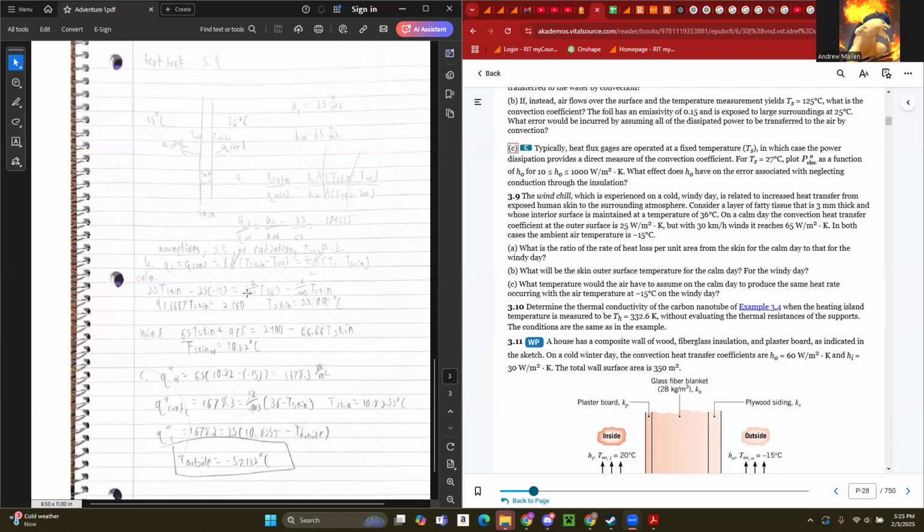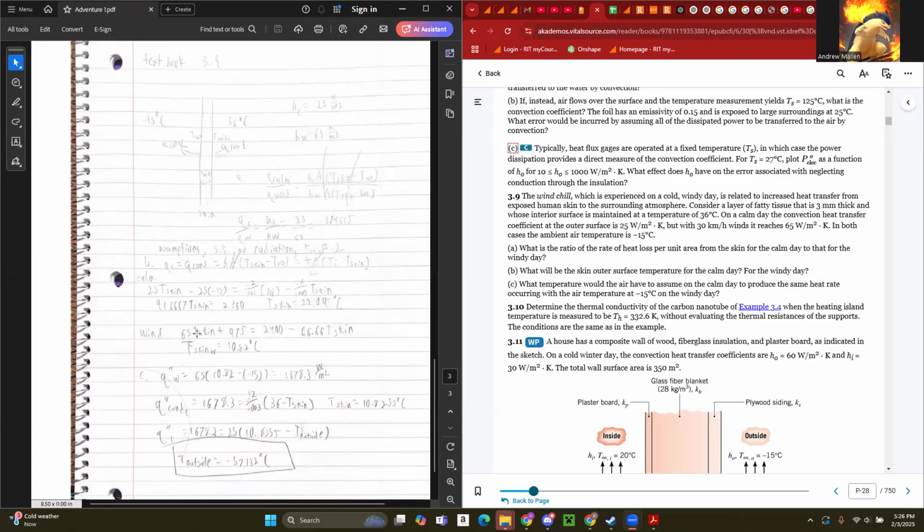Since T skin is an unknown, you need to know what the coefficient times T skin is equal to. I got a coefficient of 91.6667 for T skin, which is going to be equal to 2,360. So you just divide both sides by 91.66 repeating, and we get a T skin value of about 22.09 degrees Celsius on a calm day.